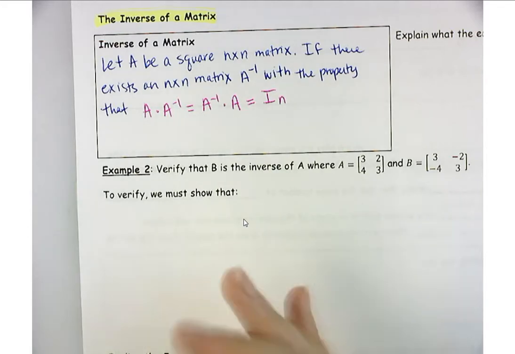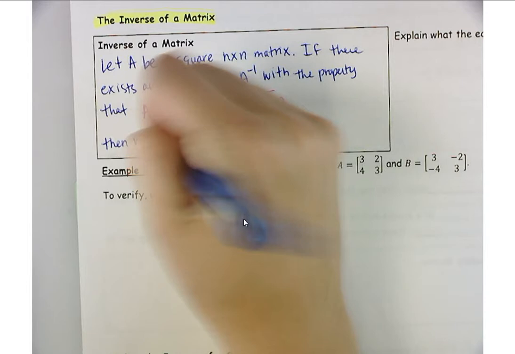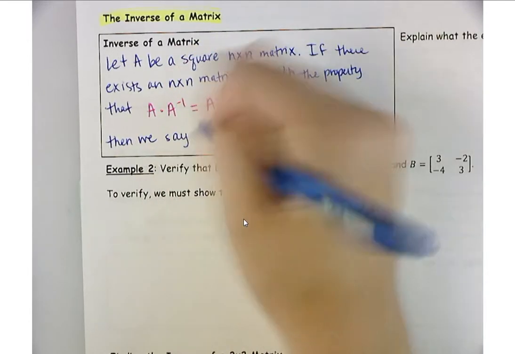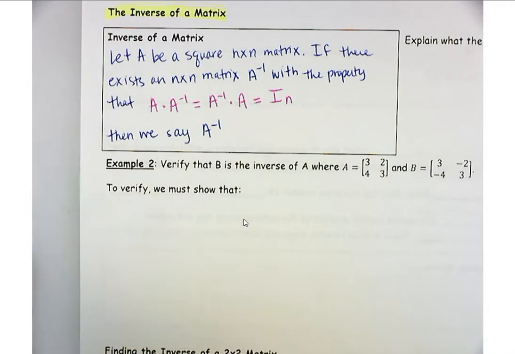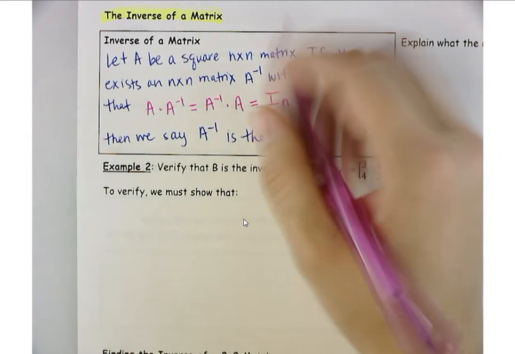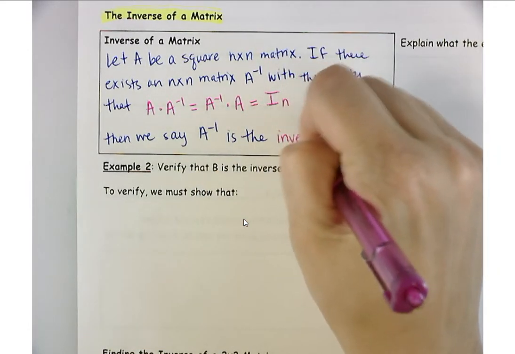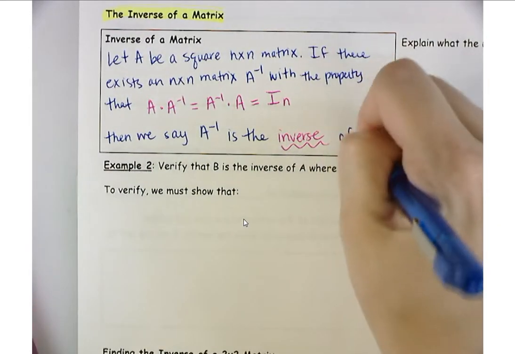Okay, if that happens, then we say that this matrix is the inverse of A.